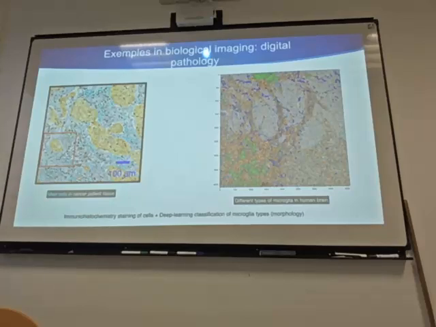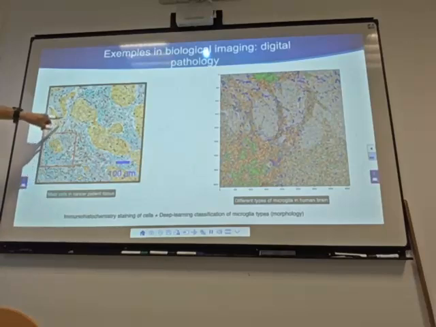And lastly, and maybe the most important application, is within tissue, because now people are developing a new type of imaging in digital pathology, where you can acquire with quite high resolution an entire tissue in human through, for example, a biopsy. You can identify many types of cells within the tissue. Here is an example where you look at the distribution of some immune cells in cyan in cancer.